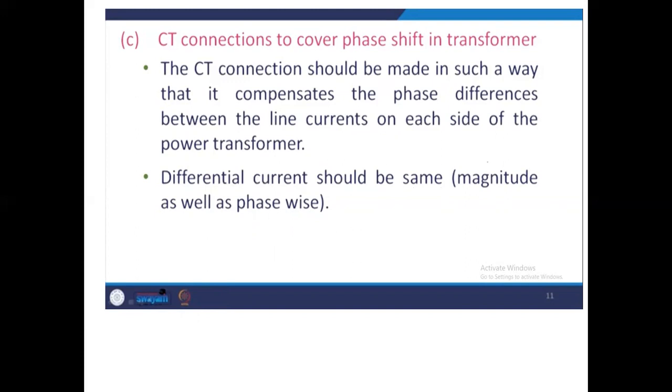We need to do some arrangement to compensate this inherent phase shift that exists in the delta star transformer depending upon the vector group used, either Dy1 or Dy11. So how to avoid this?